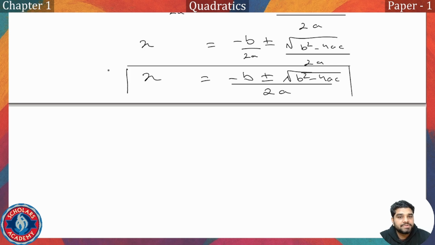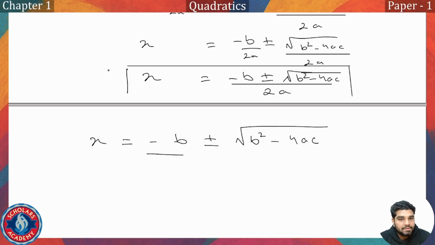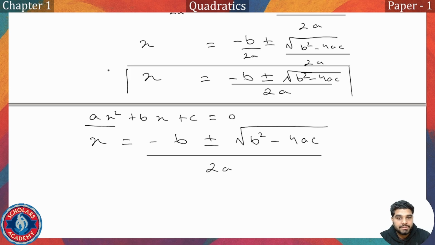We just substitute the values of a, b, and c in this formula: x = (−b ± √(b² − 4ac)) / 2a. Here a is the coefficient of x², b is the coefficient of x, and c is the constant of the quadratic equation.